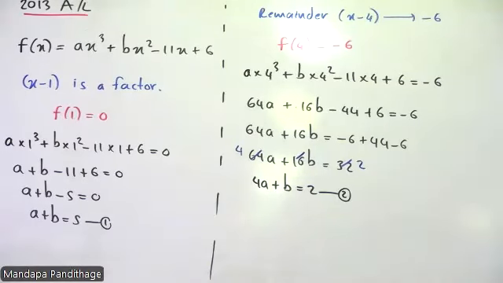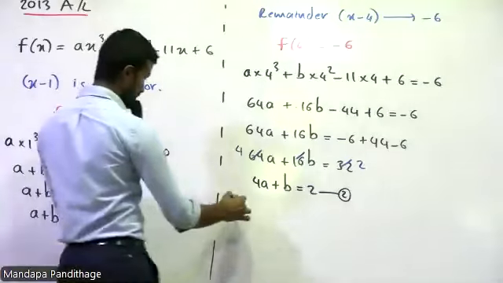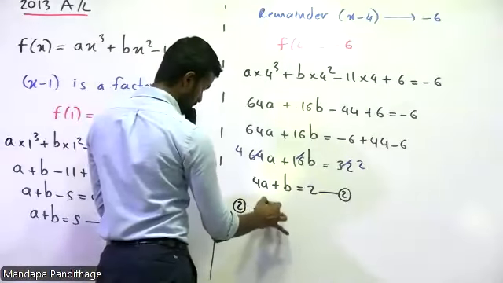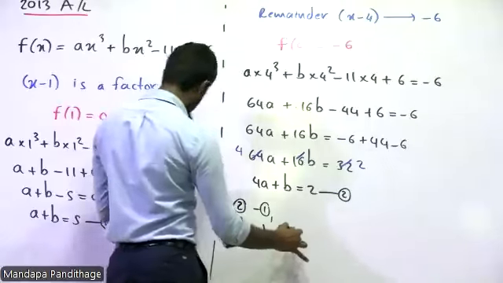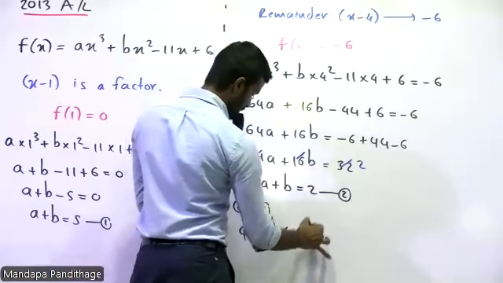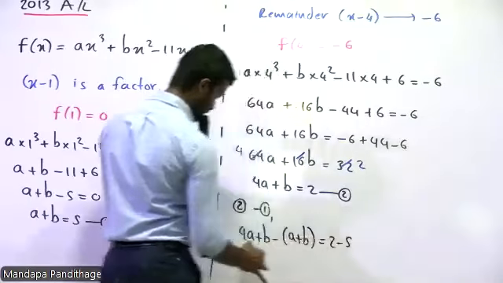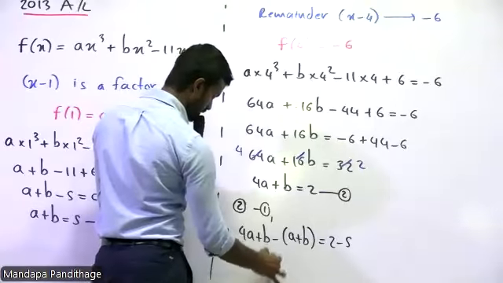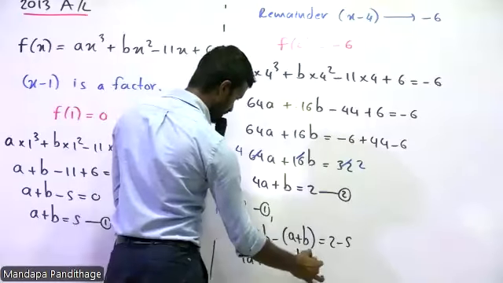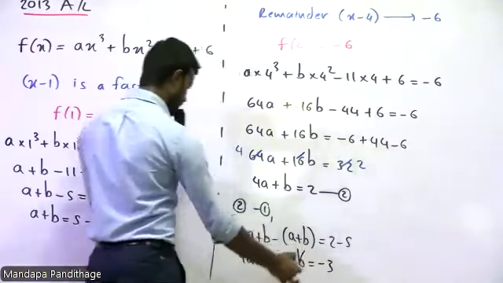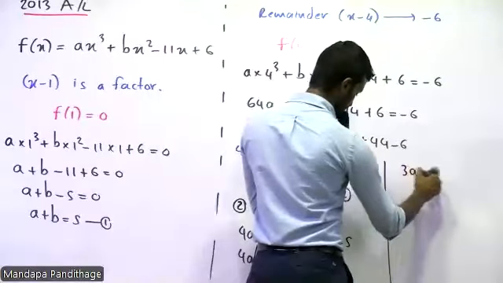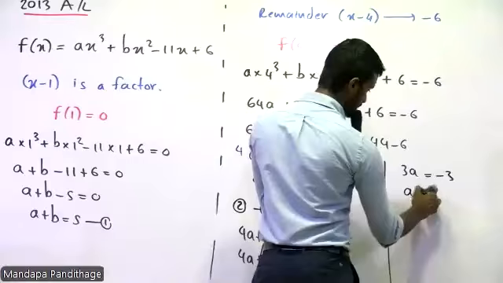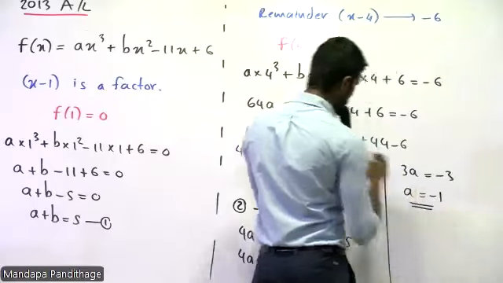Okay, then subtract 2 minus 1. 4a plus b minus a plus b is equal to 2 minus 5. So 4a plus b minus a minus b is equal to minus 3. These cancel off. Then I'm getting 3a is equal to minus 3, which means a is equal to minus 1.